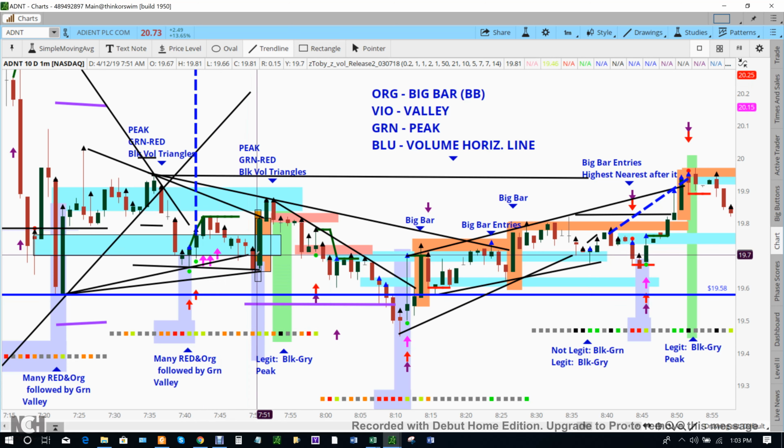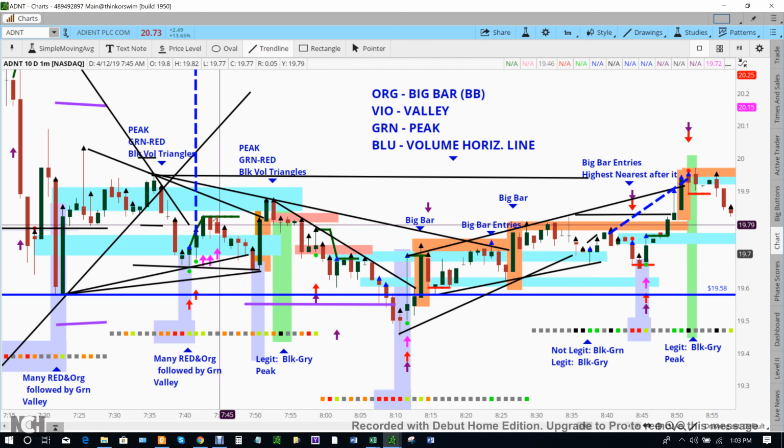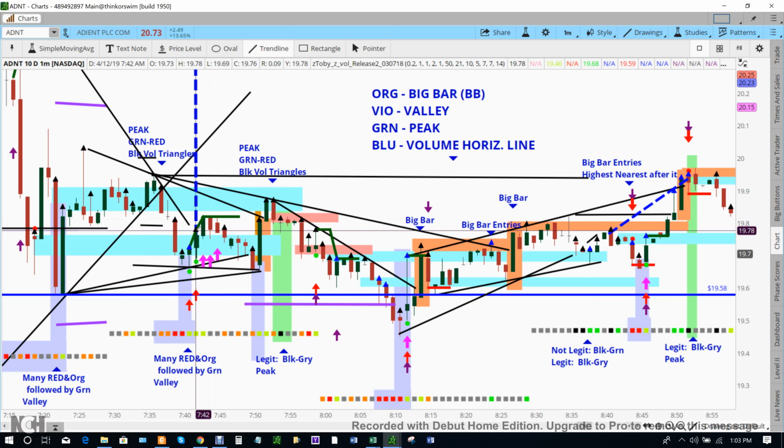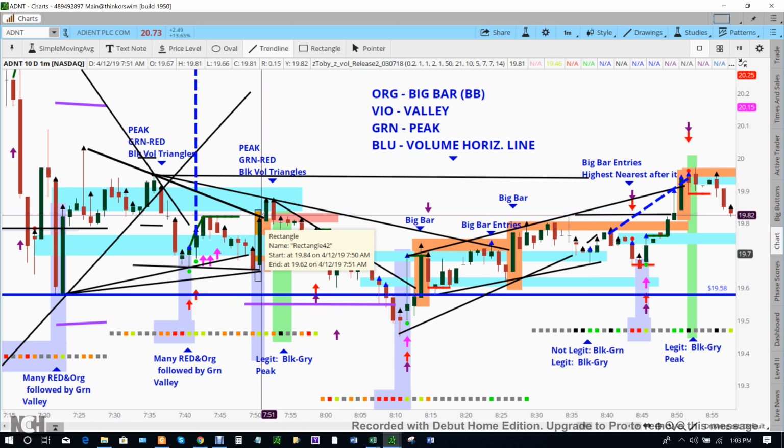All right, so now we're coming along, and we have another valley. And this is a peak here, but you notice there are no triangles, black or blue. So this is a small fake peak. And all of a sudden we got a green bar coming across here.